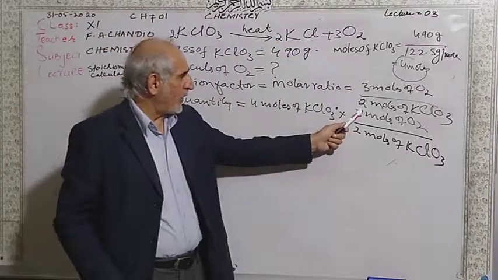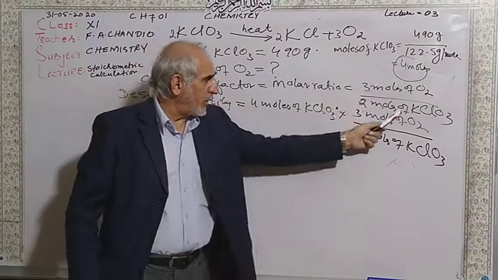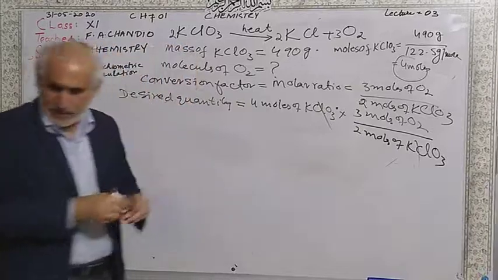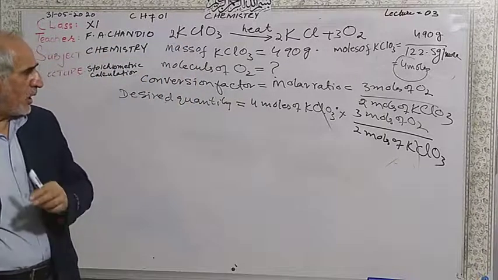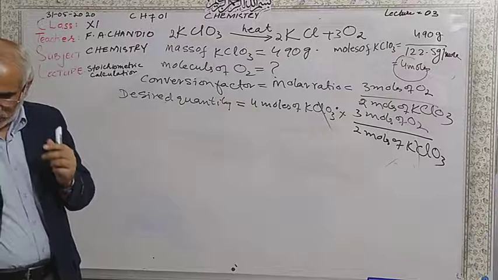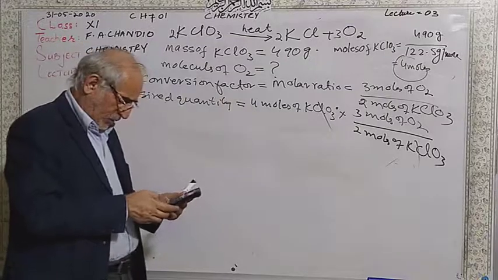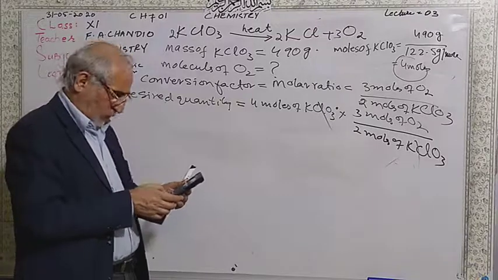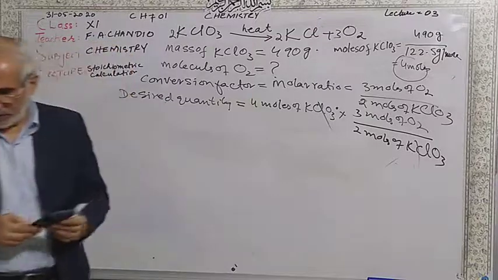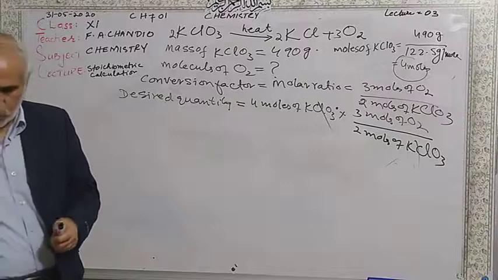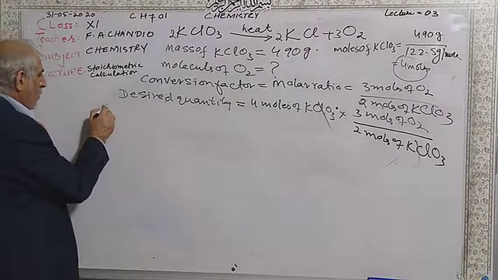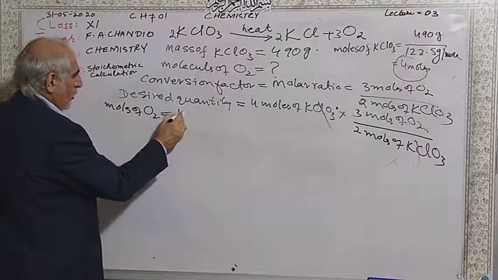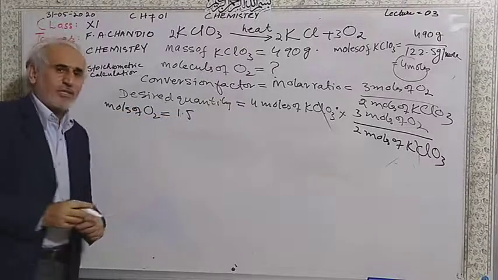So this is the conversion factor. Potassium chlorate is going to be cancelled here. You have to calculate 3 over 2 multiplied by 4. So the answer is 6 moles of oxygen.